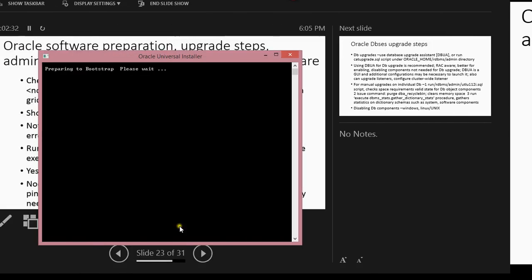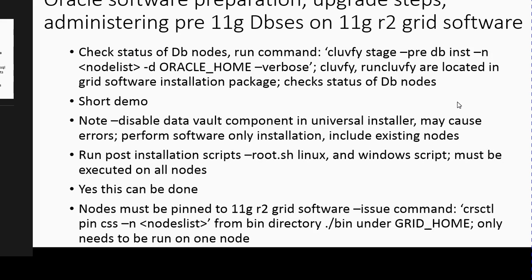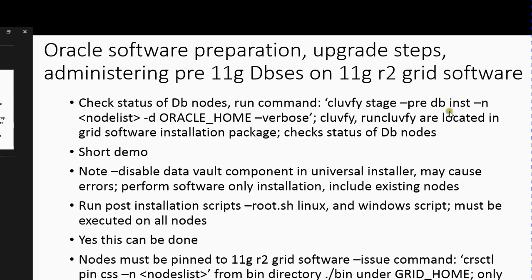This one is going to open, and what should happen is that it should give you a reading for the status of your individual nodes. That's the reason why you have a node list here, for the -n option.